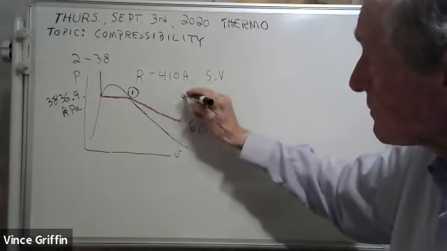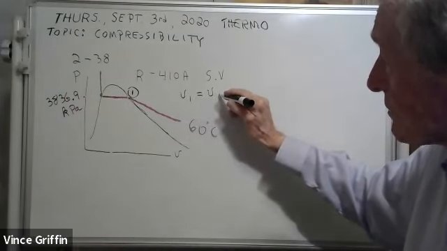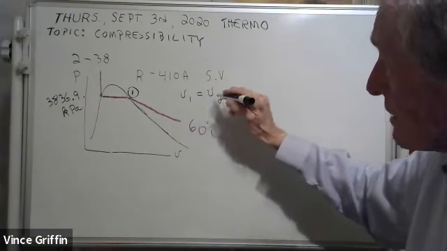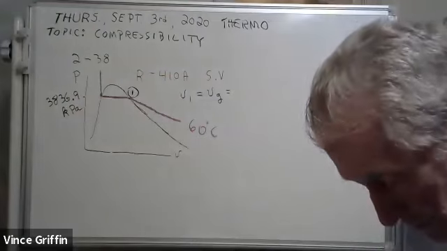We can get the specific volume at 1. It's going to be equal to VG. See, VG is over on the right side, VF is on the left side. Well, VG is 0.00497.